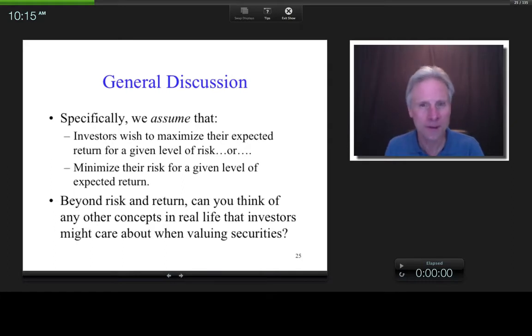Maybe you can get dates easier that way, or whatever it is, right? And so that would be making a decision that falls outside of the boundaries of risk and return, and basically called degree of satisfaction or utility. And to give you a finance example, there are mutual funds called social funds.